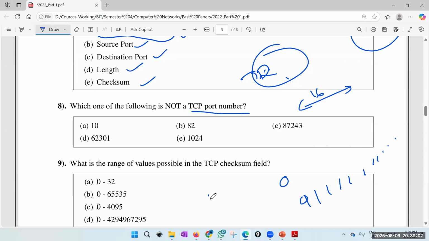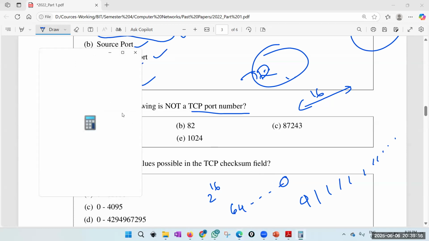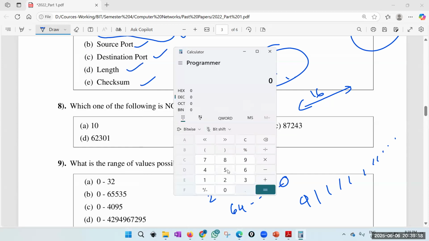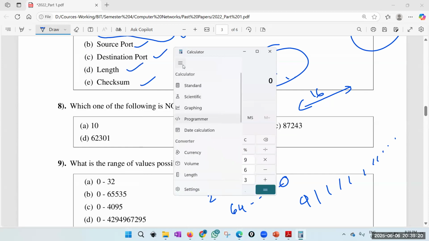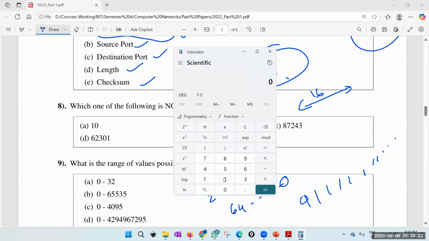So that means 2 to the power 16. I can't remember 2 to the power 16 exactly, but I can roughly remember it's something like 64,000, because it's a 16-bit number. So what is 2 to the power 16? Just remember that value because it's a famous question.